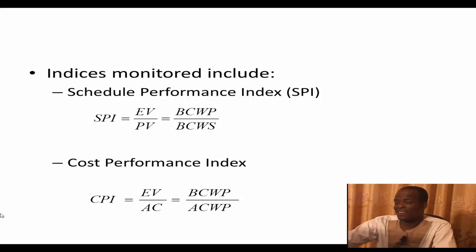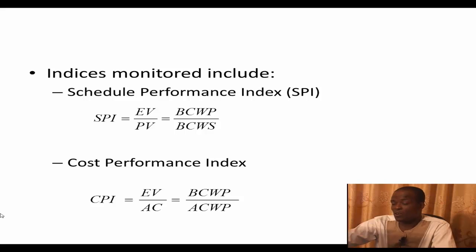Here again, if the SPI is greater than 1, it gives you an indication that you're doing well, in the sense that you are on schedule, that up to that status date you are within schedule. However, if the SPI is less than 1, it gives you an indication that you are lagging behind, or you're not on schedule. Depending on when you do this, it only gives you an indication of that, and so you may have to put in mechanisms to try to catch up.